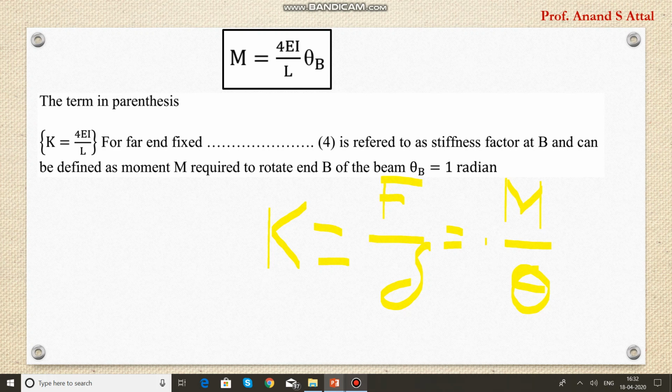The definition of stiffness is the force required to produce unit deformation. In our case, force is the moment and deformation is the rotation. So we get the stiffness k = 4EI/L for the case where the far end is fixed.